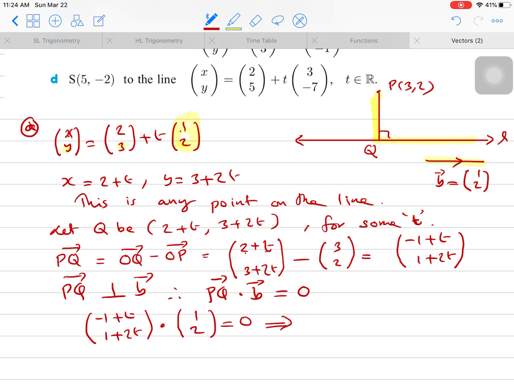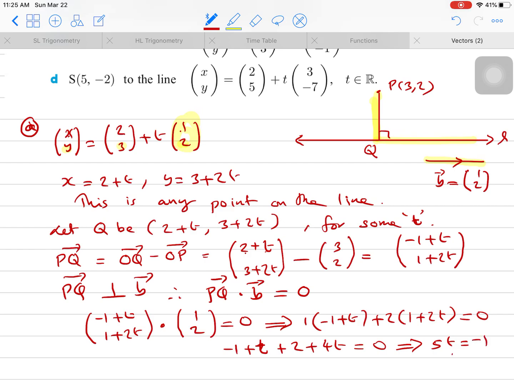How do you take the dot product? Multiply the i coefficients and the j coefficients: 1 times (minus 1 plus t) plus 2 times (1 plus 2t) equals 0. Open the brackets: minus 1 plus t plus 2 plus 4t equals 0, which implies 5t equals minus 1, t equals minus 1 by 5.